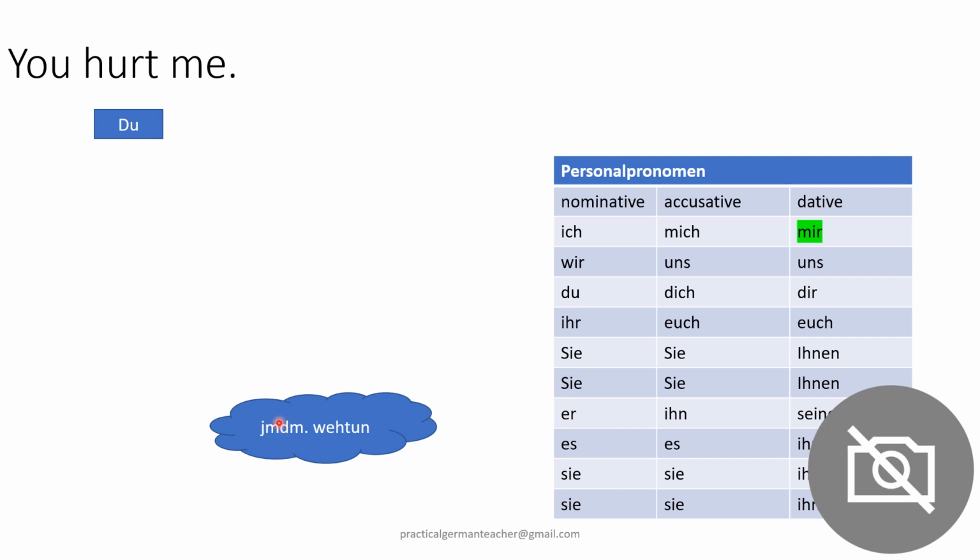So du, you hurt. Of course, I want to write this sentence using Partizip zwei, and Partizip zwei of wehtun is wehgetan. So du hast wehgetan, du hast mir wehgetan. I hope this was clear. Du hast mir wehgetan.